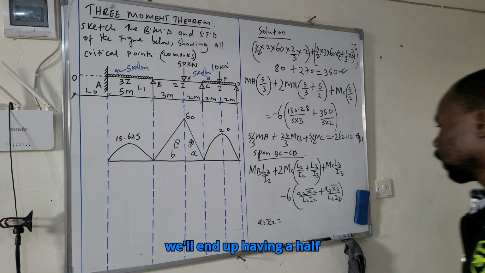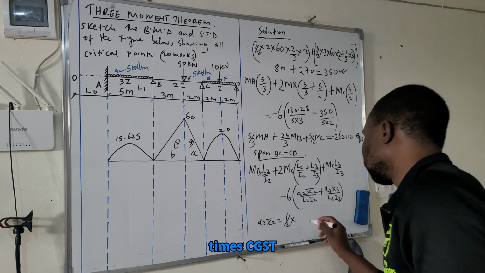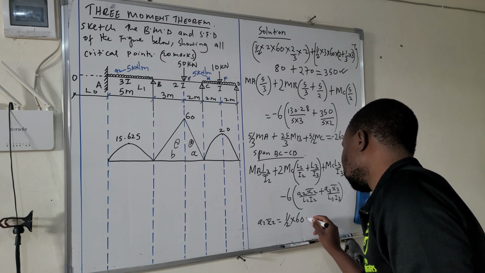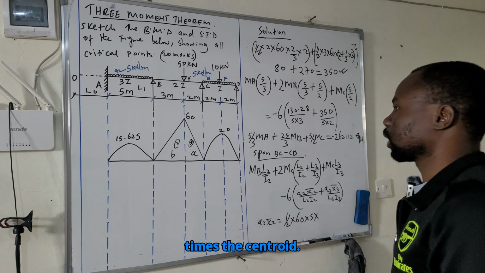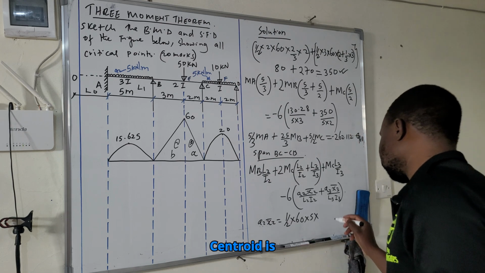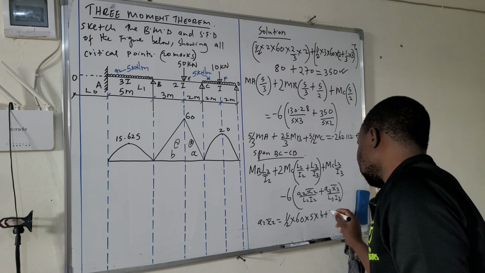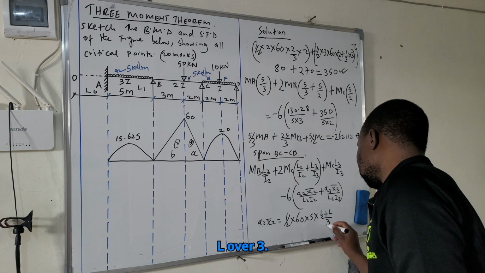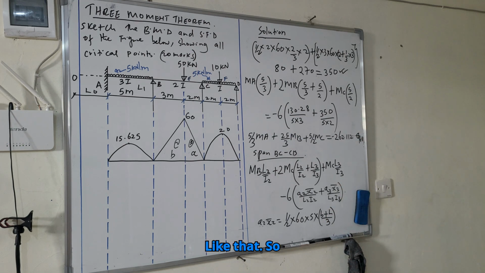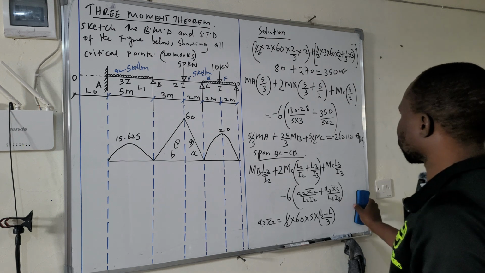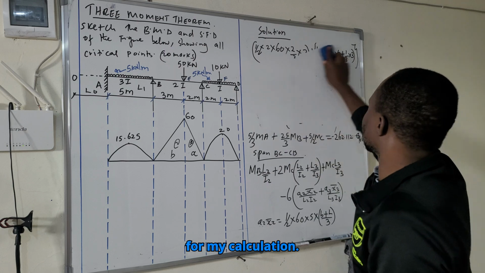So we'll end up having a half times 60 times 5 times the centroid. Centroid is B plus L over 3, like that. So let me create space for more calculation.